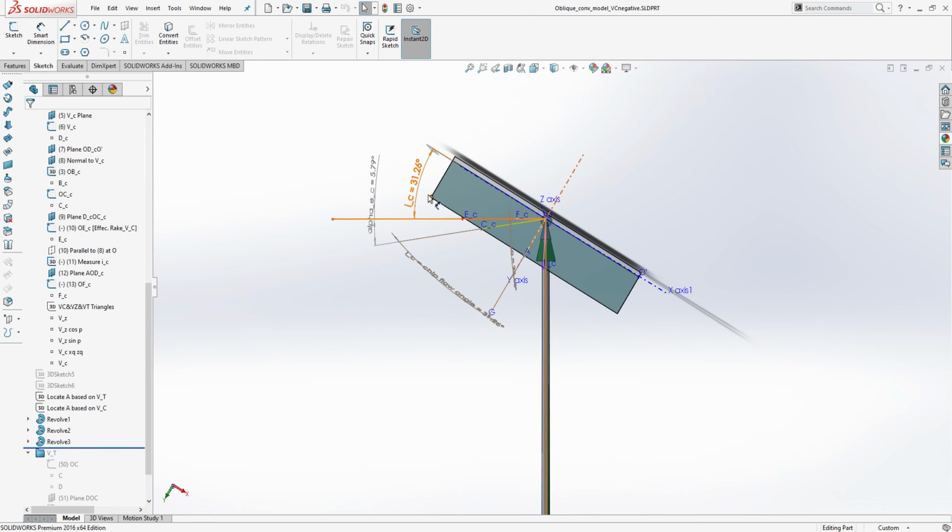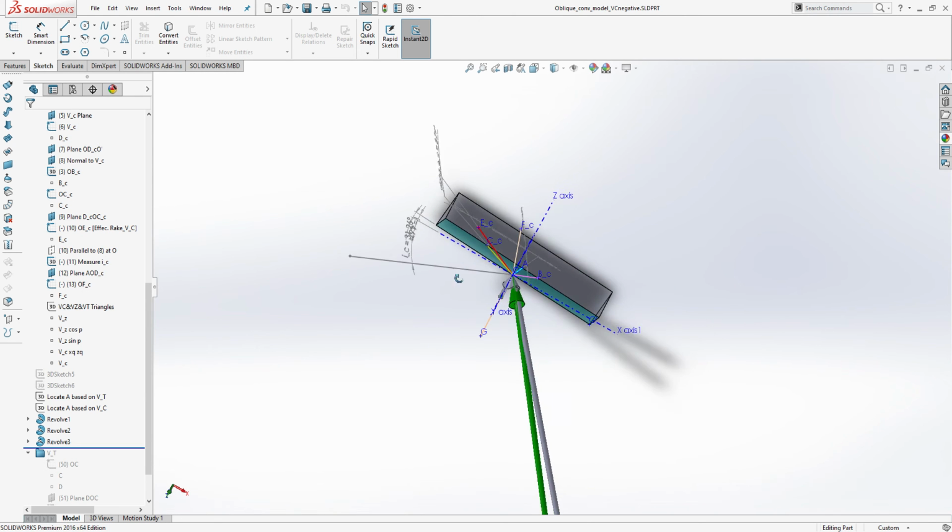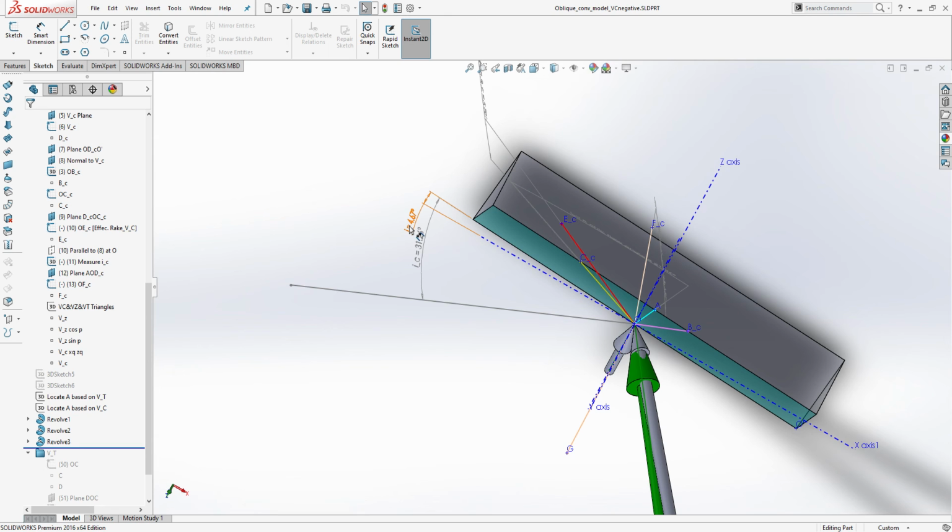Now the inclination angle relative to the cutting velocity changes to 31.26, where previously it was 4.67.